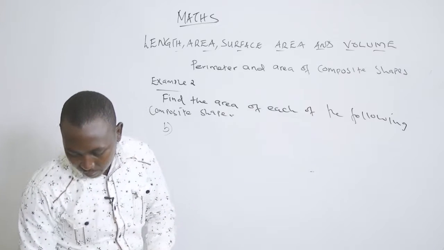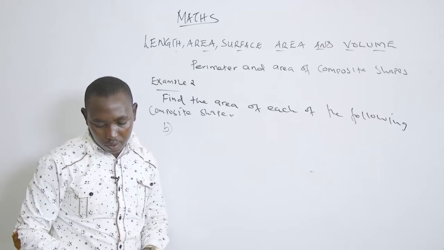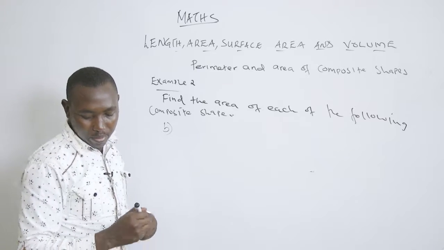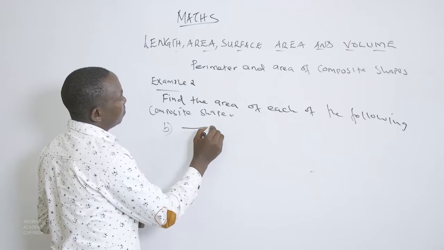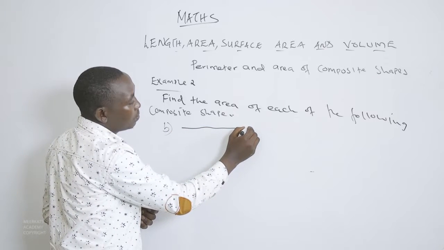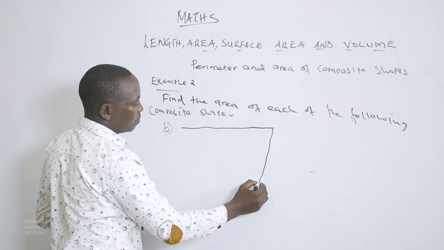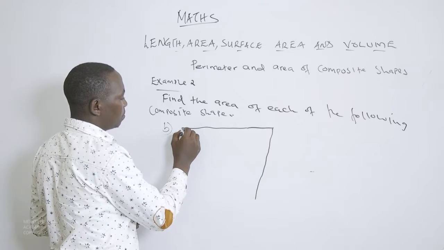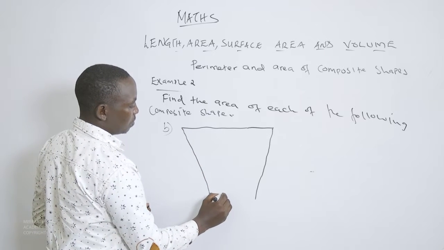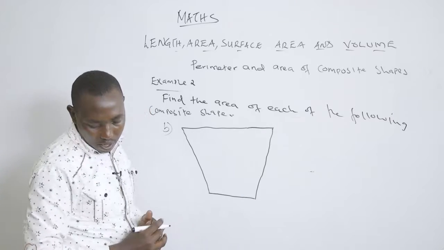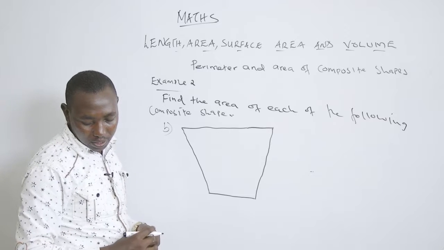Part B, we have a shape. Can you tell me which type of shape this is?